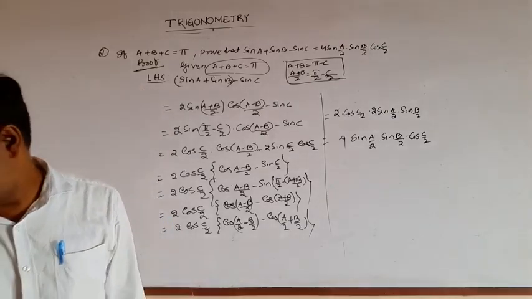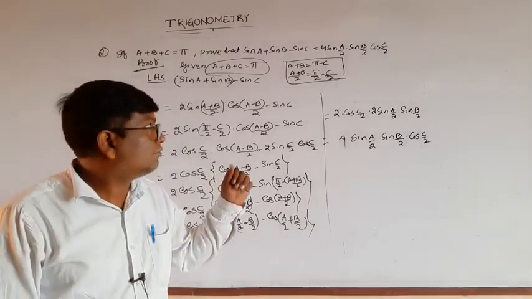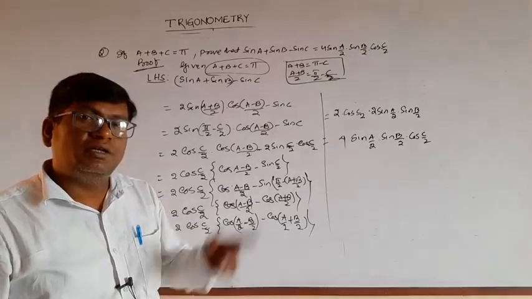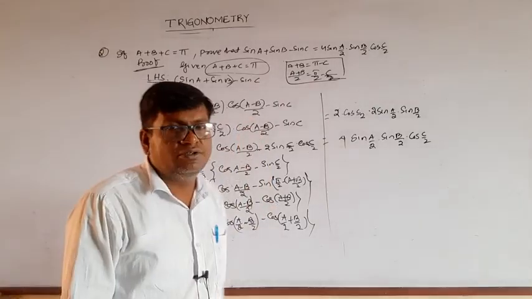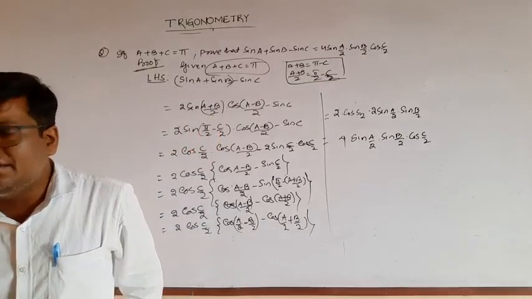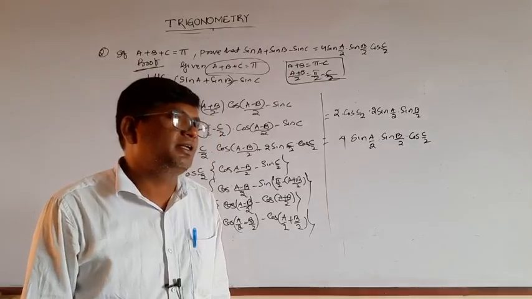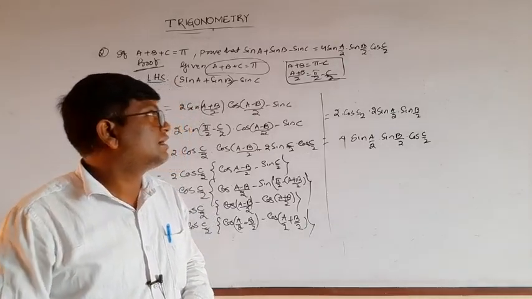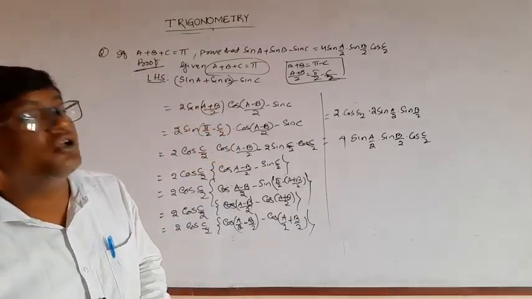The right-hand side should be sin A by 2 sin B by 2, not sin C by 2. It is cos C by 2. Please correct it. So the right-hand side should be sin A by 2 into sin B by 2 into cos C by 2.